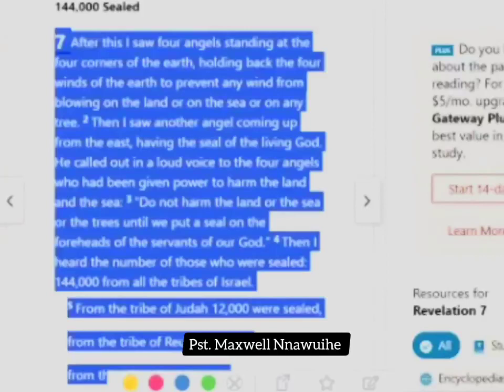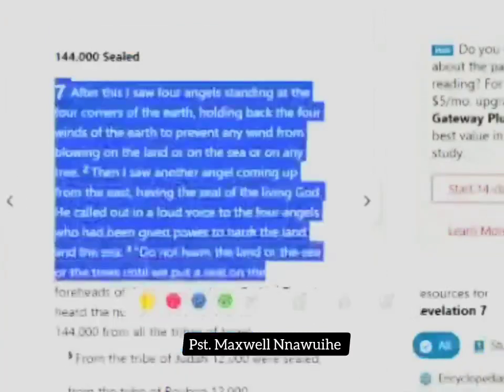We have been able to unveil the number 2, the number 0, and now number 4 is being unveiled. The significance of the number 4.